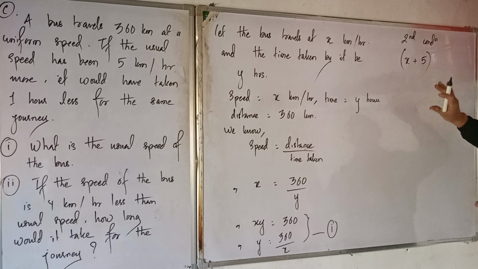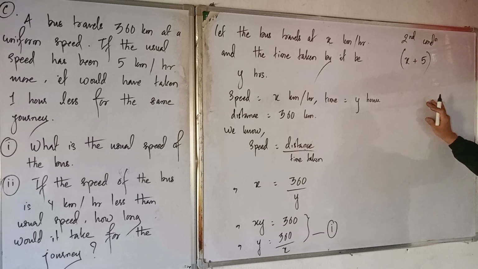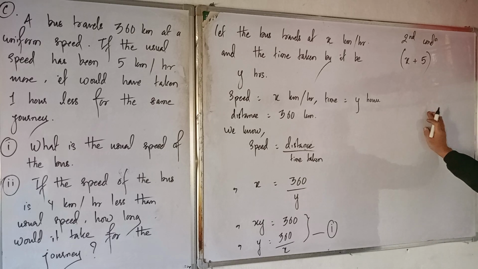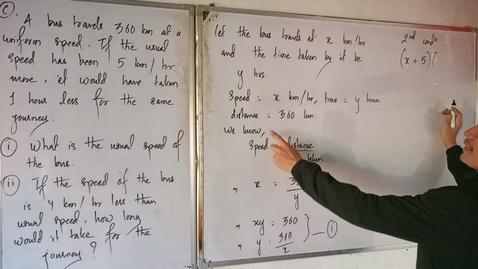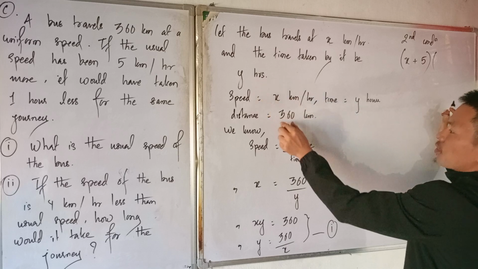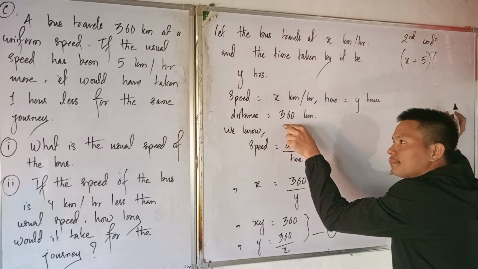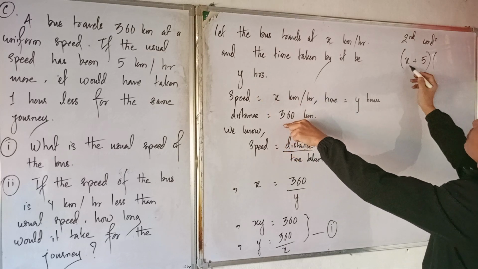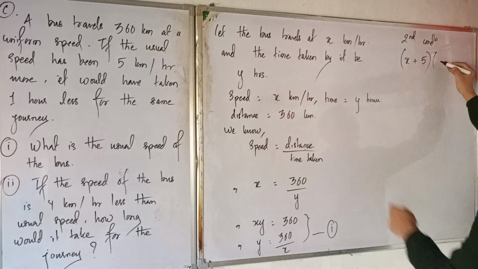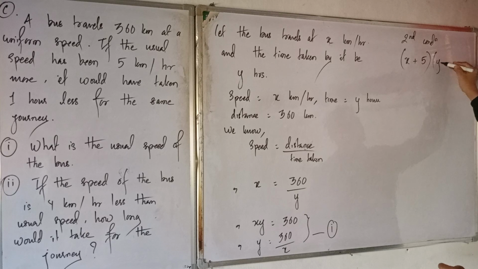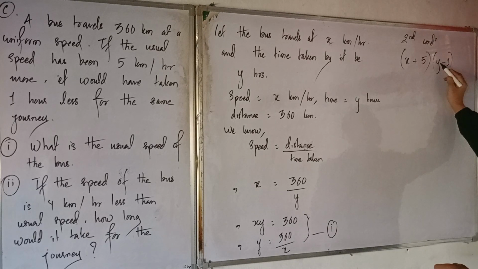If the speed is increased by 5 kilometer per hour, it would have taken 1 hour less. y is the time taken to cover this 360 kilometer. So if the speed is increased by 5, then the time taken would have been 1 hour less, which means you have to subtract 1 hour from this time, y hours.